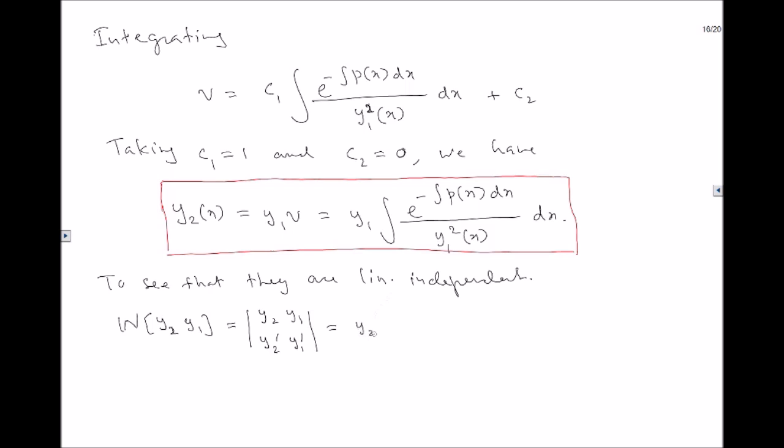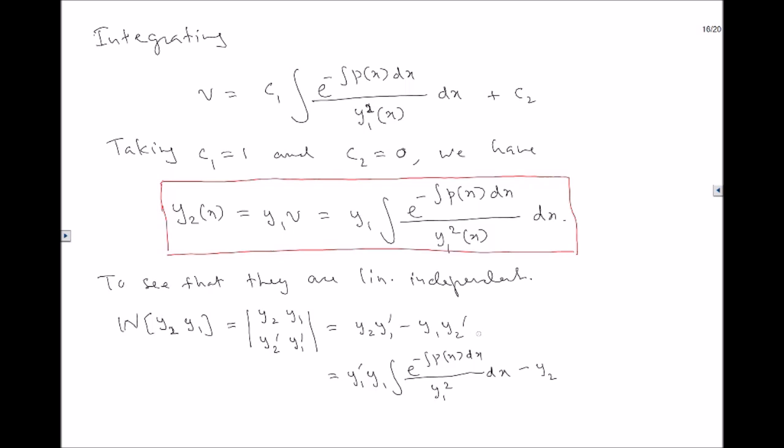So this is simply y2 y1 prime minus y1 y2 prime, and you can see that if you take the derivative and plug in, you're going to get y1 prime y1 times the integral of e to the negative integral of px dx over y1 squared dx, minus y1 times y2 prime.